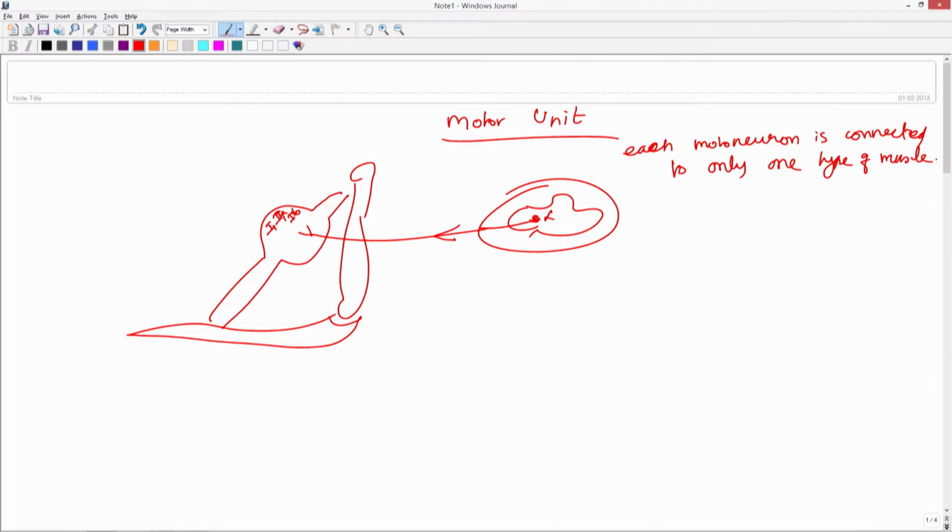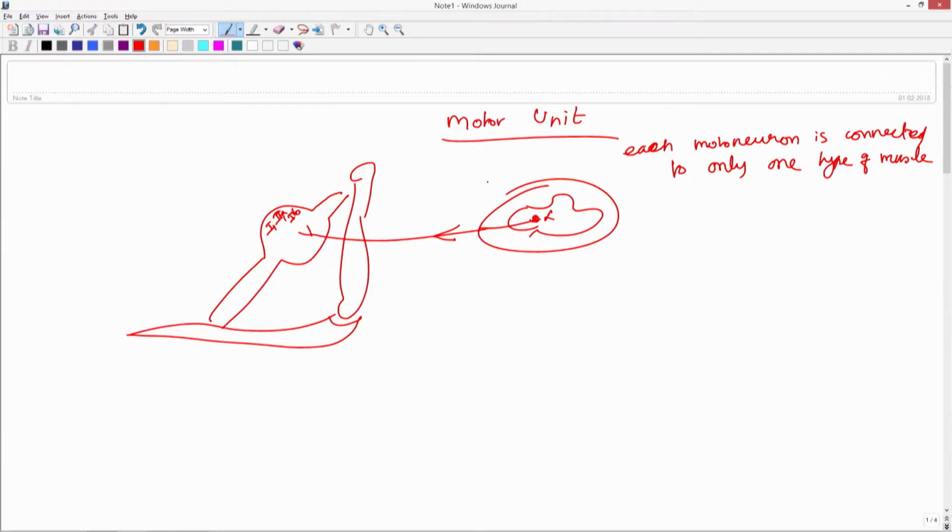It is not connected to different types. So, as many types of muscle as there are, there will be as many types of motor neurons. Depending upon the force required, different types of muscles are going to be in action.